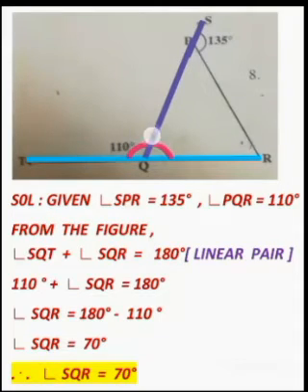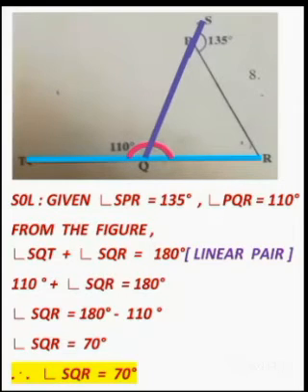The sum of adjacent angles is equal to 180 degrees. What is the reason? Linear pair. So we write SQT plus SQR is equal to 180 degrees, linear pair. SQT is 110 degrees, plus SQR is equal to 180 degrees. So you have to find the angle SQR.